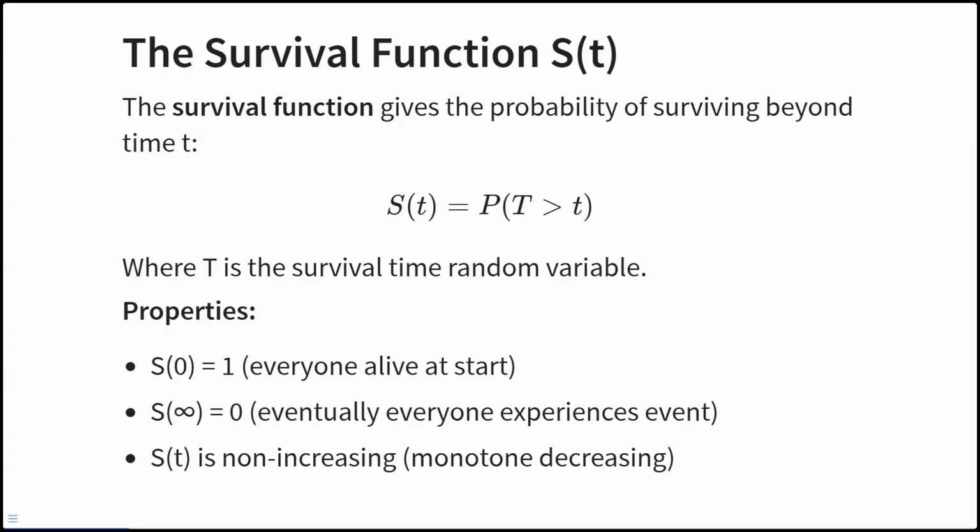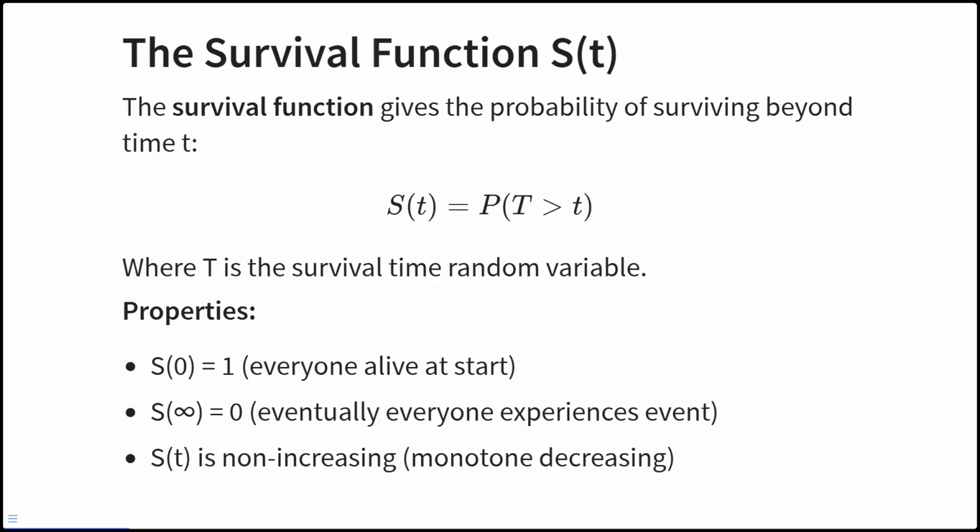So what are the properties of the survival function? At the first time of the study, or at the beginning of the study, the probability is usually 1, because everyone is alive. And at the end, everyone has already experienced the event. At the end, you have a probability of what? 0.